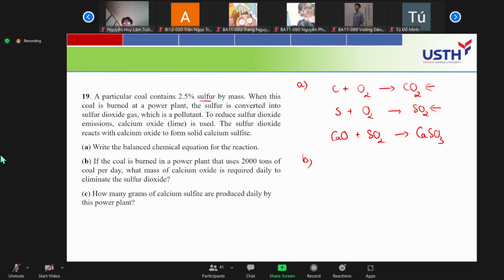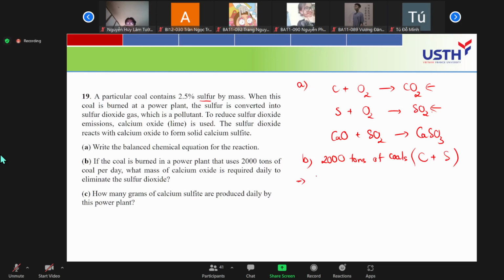Question B relates to coal burned in a power plant at 2,000 tons of coal per day. Because the coal contains sulfur inside, the 2,000 tons of coal will include carbon and sulfur. You know that sulfur makes up around 2.5% by mass.